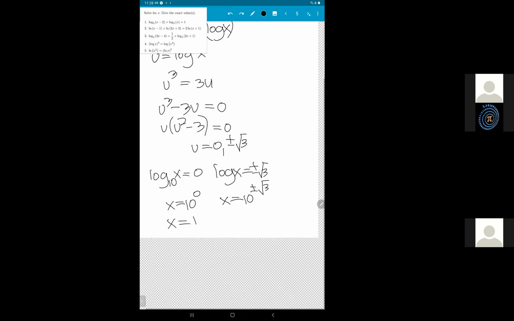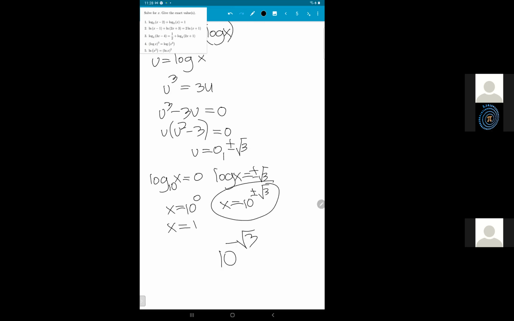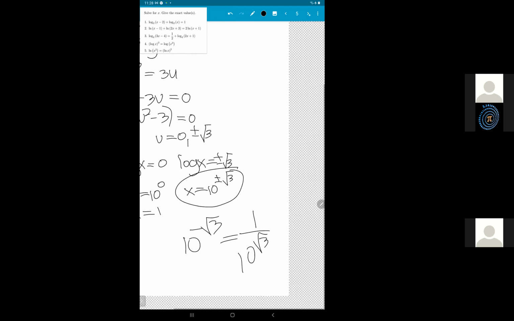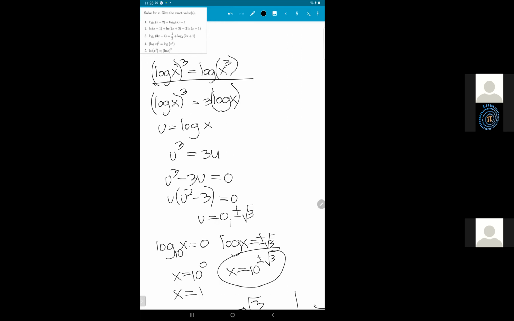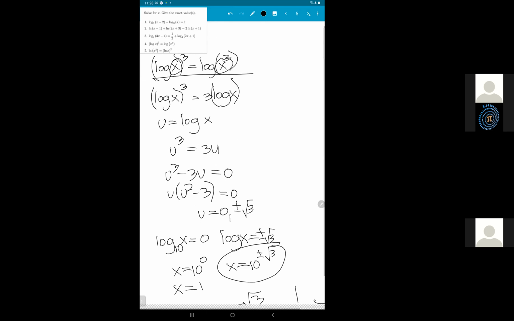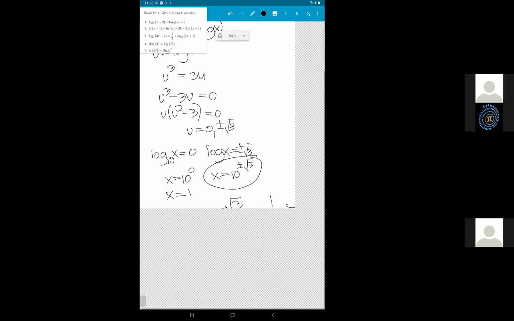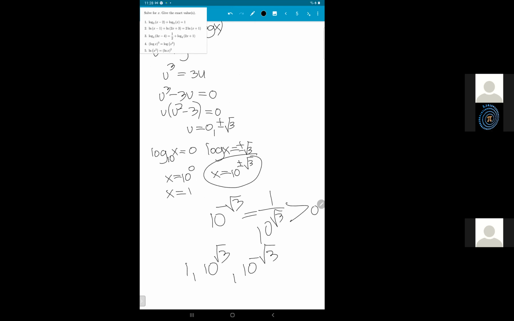Don't be bothered by 10 to the negative square root of 3. It's just 1 over 10 to the square root of 3. And that is still positive. So if you plug in here, no problem. You get non-negative or positive values. So those are the answers. 1, and then 10 to the square root of 3, and then 10 to the negative square root of 3.